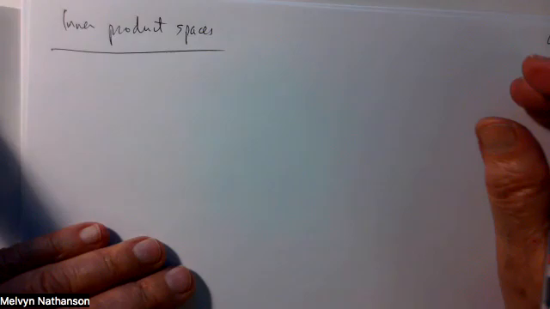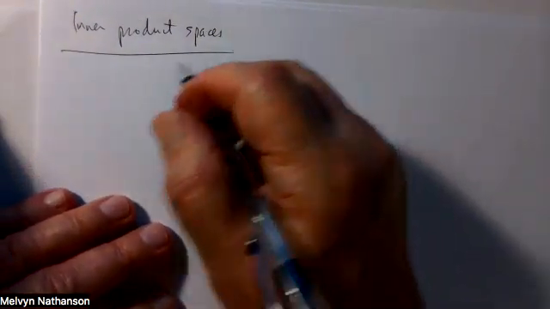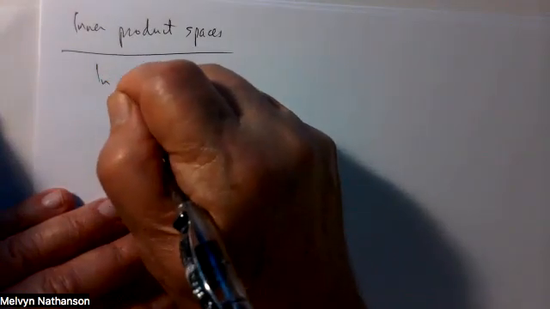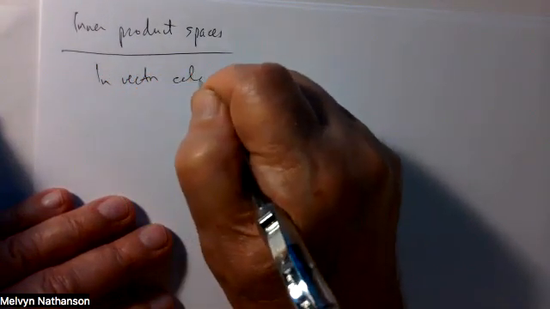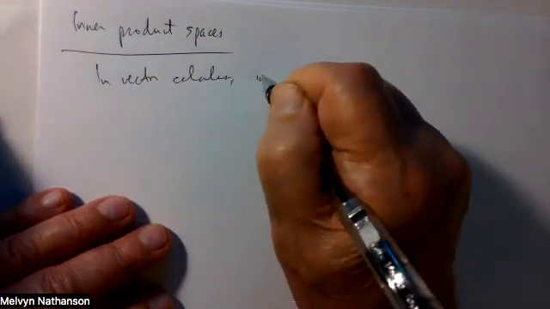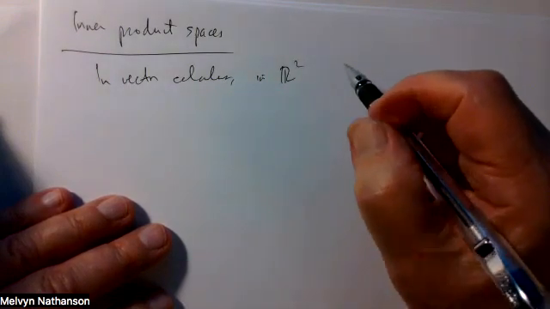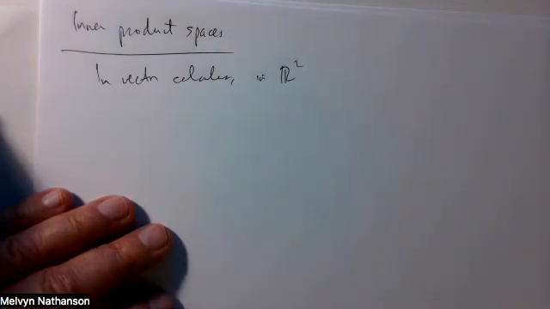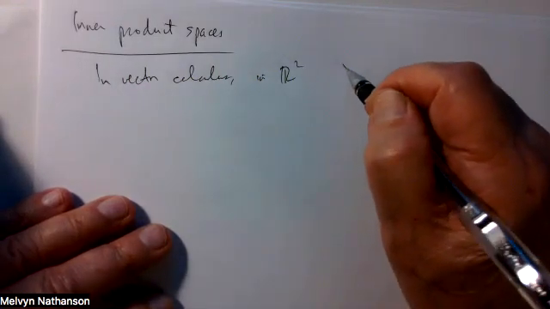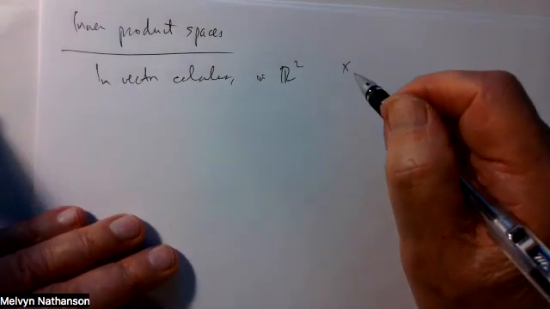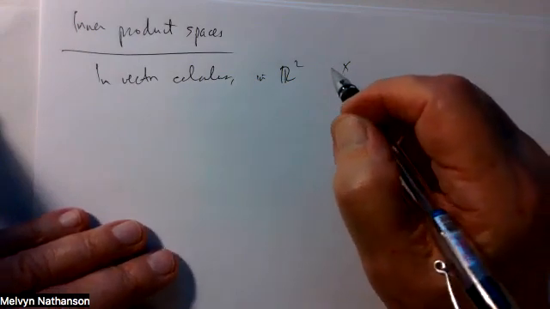If you took vector calculus, you saw that in R2, there's the dot product of two vectors. They're usually written horizontally in vector calculus, but I write vectors vertically.